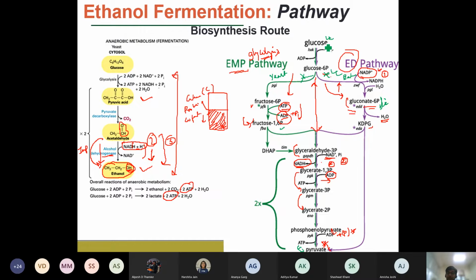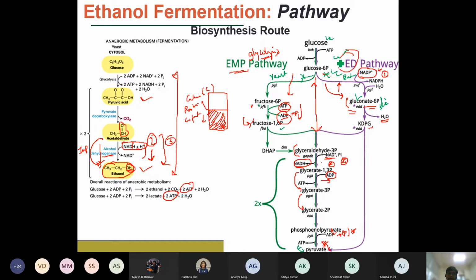But sometimes these glucose molecules, suppose we have a very oxygenated environment, for example, are converted into the gluconic acid. And if there is a high concentration of the gluconic acid in the media, the gluconic acid will be converted into the gluconate and the gluconate 6-phosphate. So generally at that time also we have this type of ED pathway.